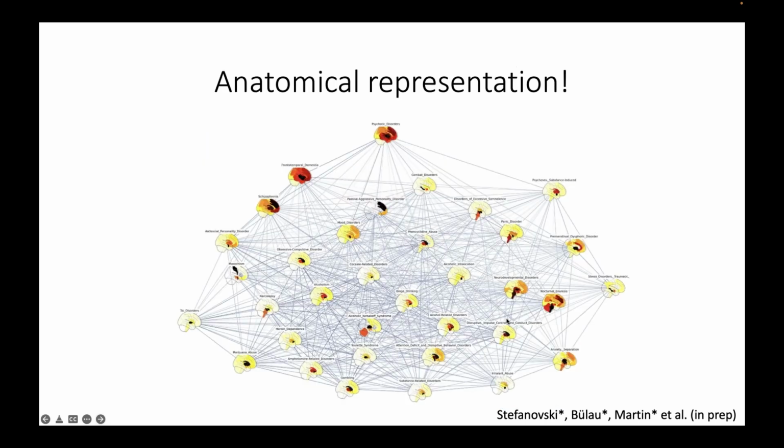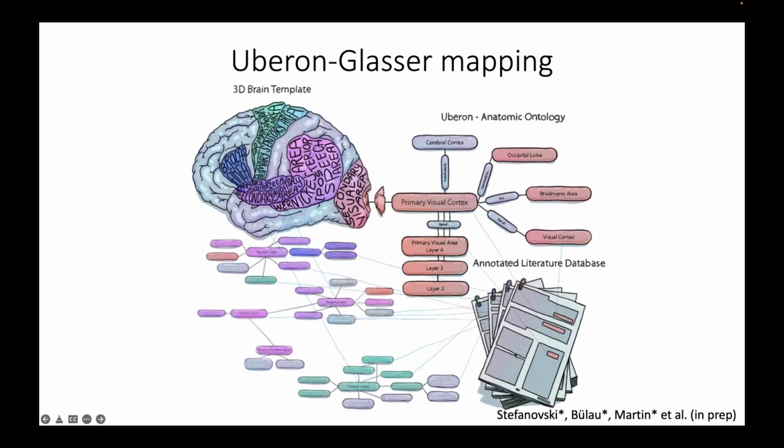And how this is done, we use another software that contains statistics about the literature corpus. So the literature in PubMed, it's about 32 million papers, contain, of course, a lot of words. And with the help of ontologies, which are organized knowledge structures, we can extract more information about these words.